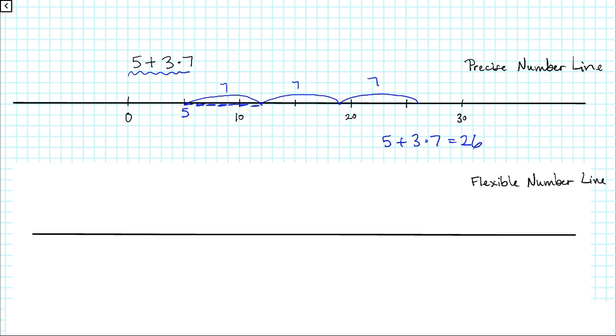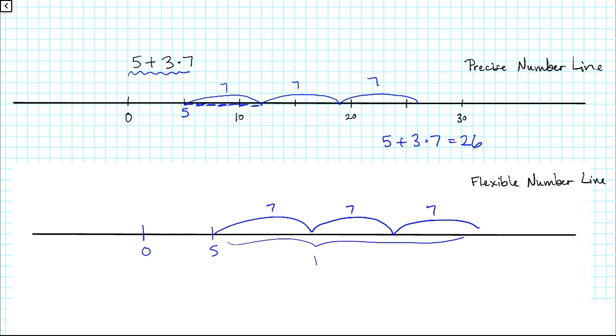So a flexible number line is a way to get the idea of the calculation without necessarily needing the precision. So I might do this by saying, well, here's 0, somewhere up here is a 5, and I add 7 and 7 and 7. So I can look at this and say this is plus 21, so that gets me up to 26.